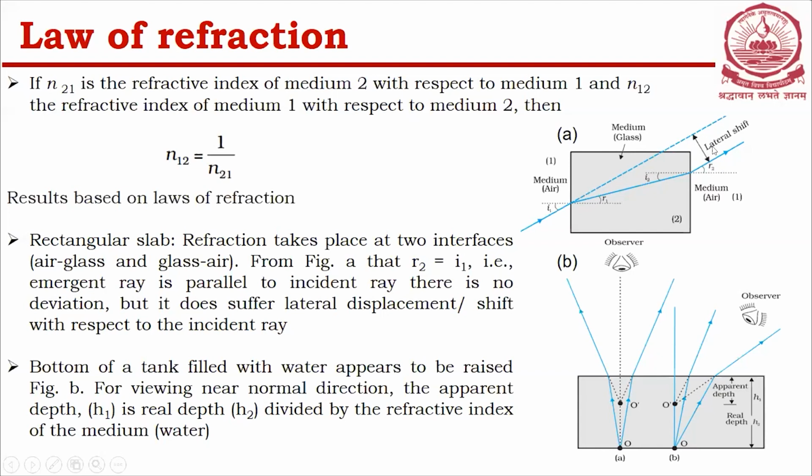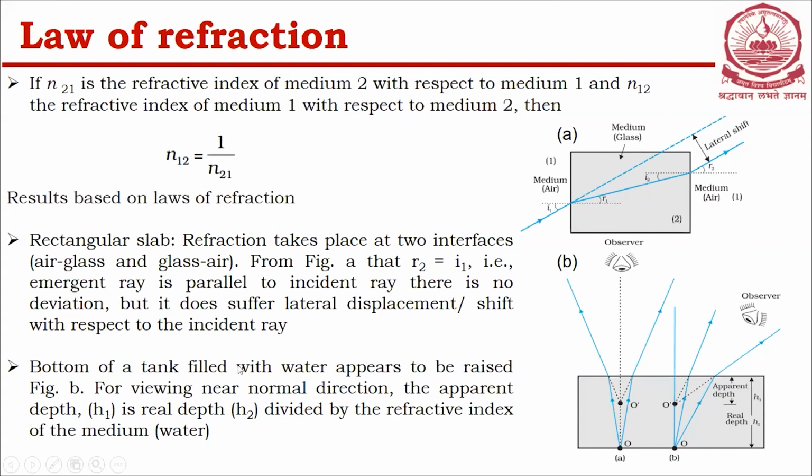There is a lateral shift, because the second refraction takes place at this point, when the light ray goes from denser to rarer. Initially it is rarer to denser, and then denser to rarer. This is one example of refraction.